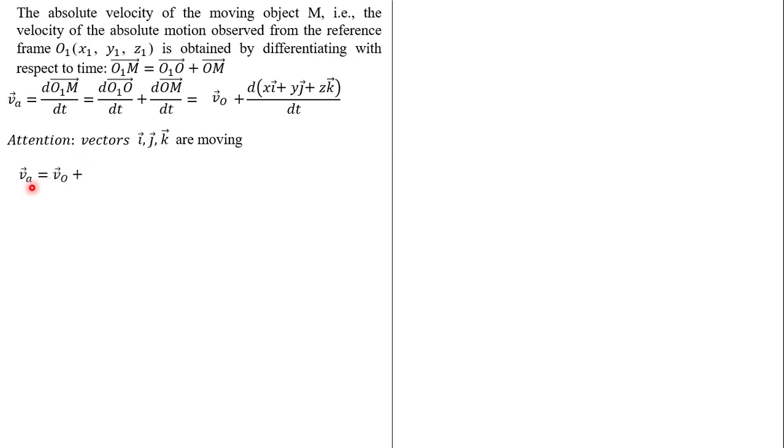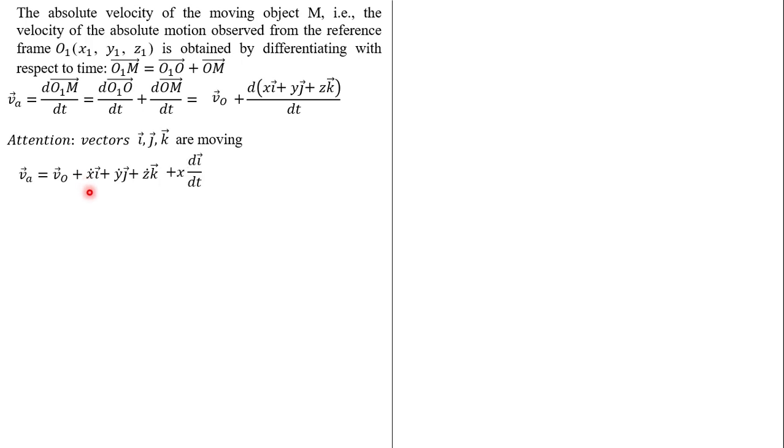Therefore, when we write the expression of VA, we will obtain V, the velocity of the origin, plus, so we need to make the derivation of xi plus yj plus zk with respect to time. So here we have d(xi) over dt. We need to write it in the form of uv prime.